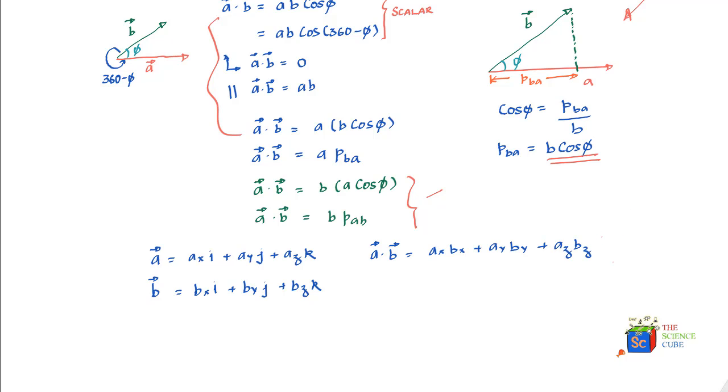And I would like you to work out this problem, remembering that the dot product of perpendicular vectors like, say, i and j would be 0.